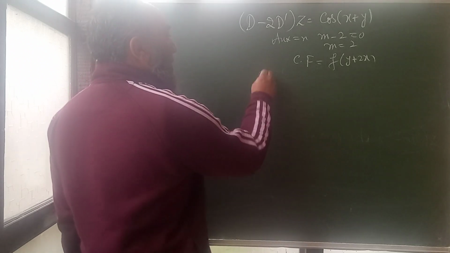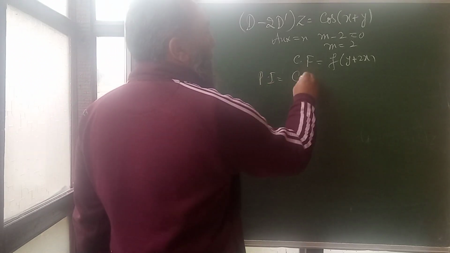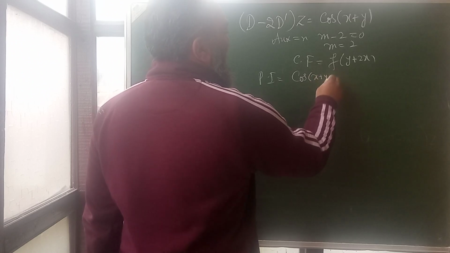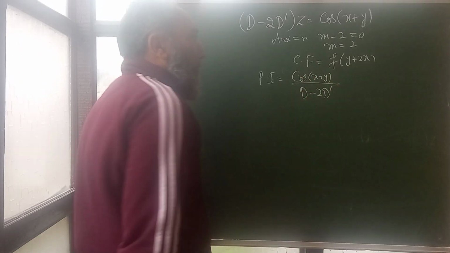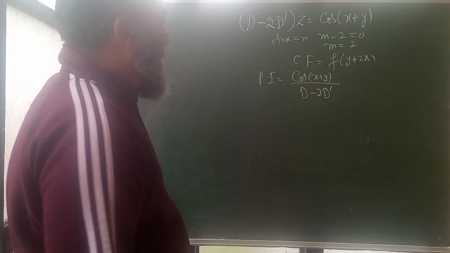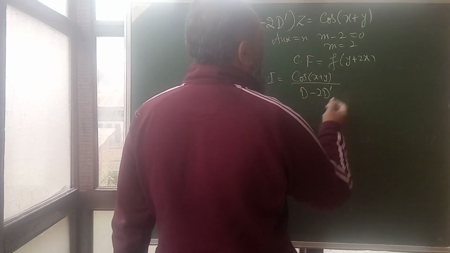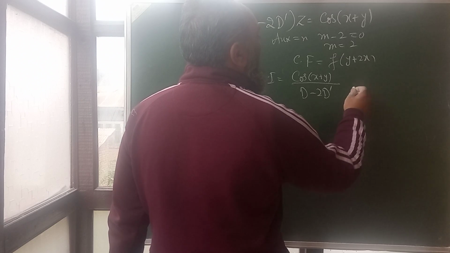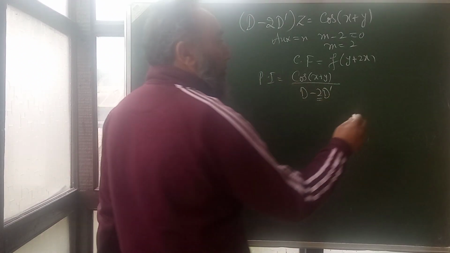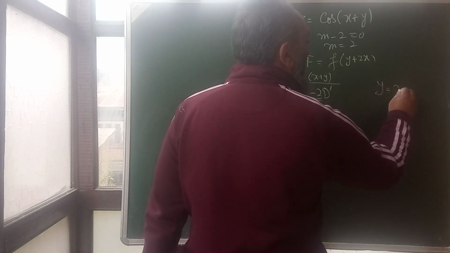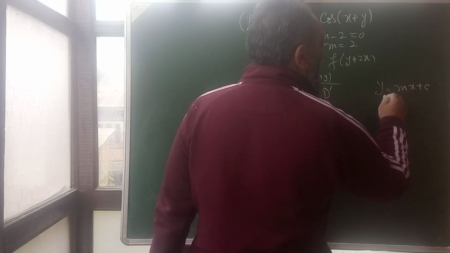Now the particular integral is cos of x plus y upon D minus 2D dash. Okay. So what is m? m is minus 2. So y is to be replaced by mx plus c, and your m is minus 2.